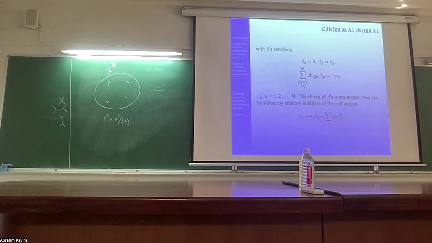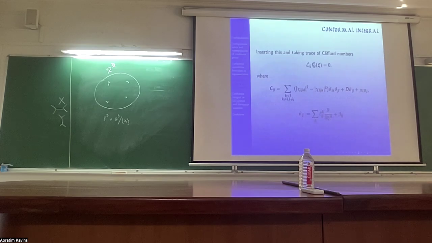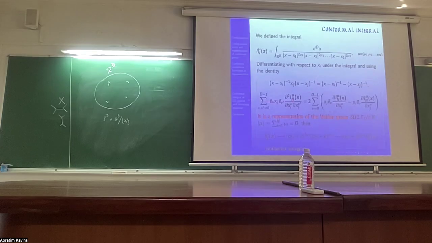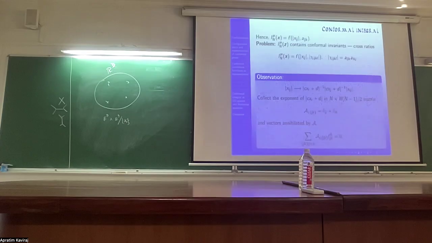But it can be proven as a theorem that conformal integrals do not depend on the choice of betas. They only depend on the mu's. Now, inserting this ansatz with all these properties in the differential equation, you have 3-4 numbers, E bars, sitting here. In the end, you take a trace to get the zeroth component.